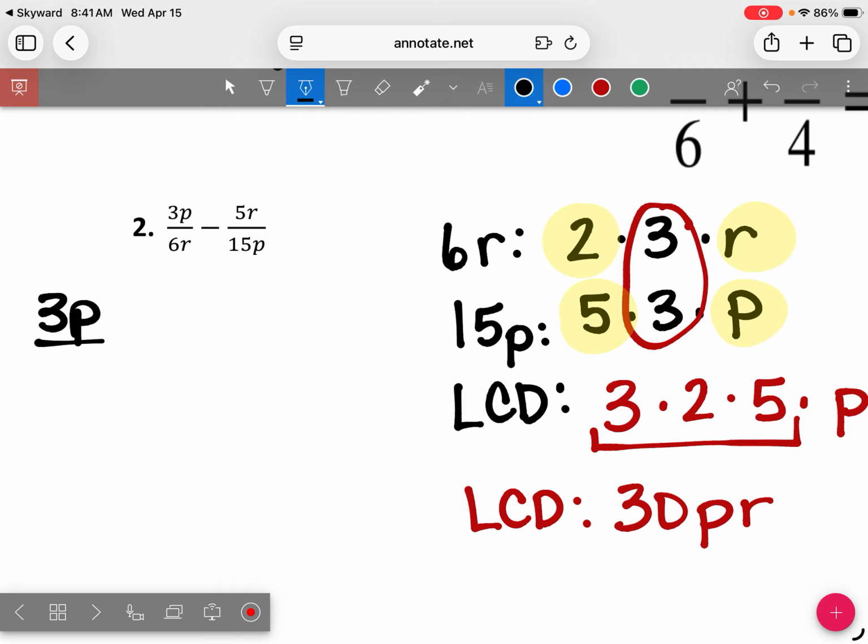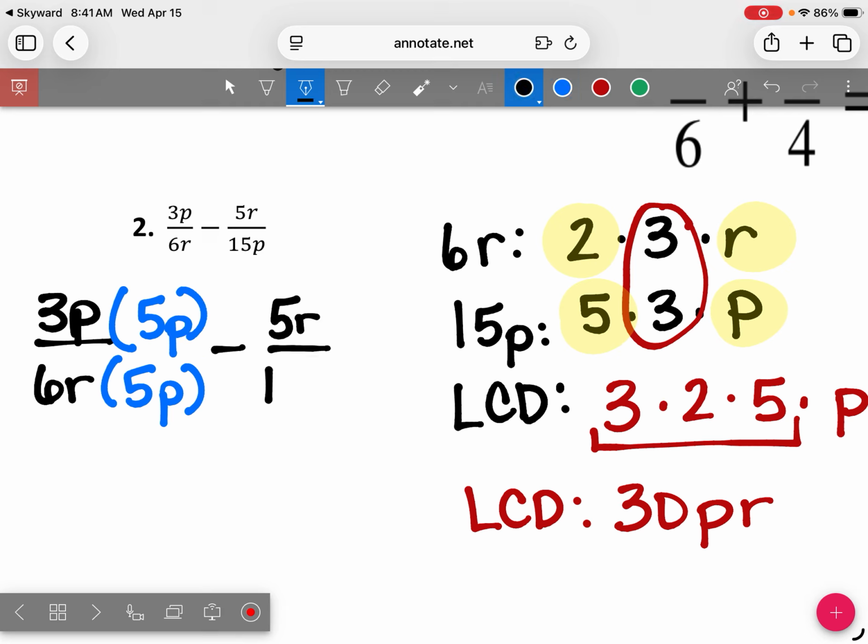So now we're ready to start multiplying. So 3P over 6R. Okay, so the 6R is missing a 5 and a P. So I need to multiply this one by 5 and P. Bring down your subtraction sign. The 15P is missing the 2 and the R. We're going to multiply that by 2R.